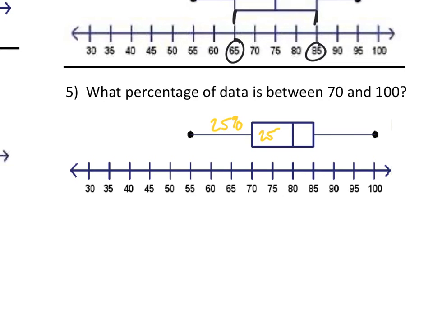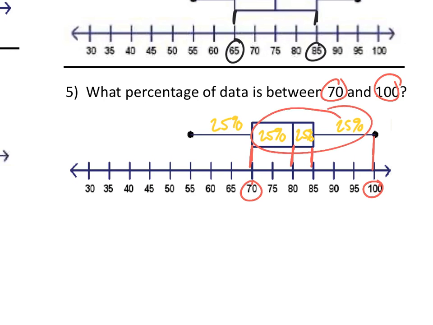This is 25%, 25, and 25. They are saying from 70 to 100. So here's 70, here's 100. That's 25% there, 25%, and 25%. So this is a total of 75% of our data.